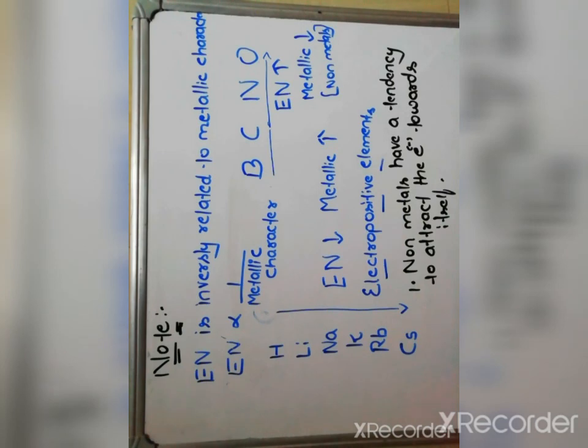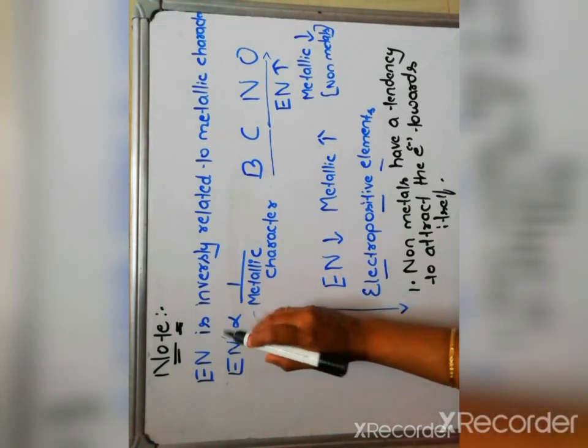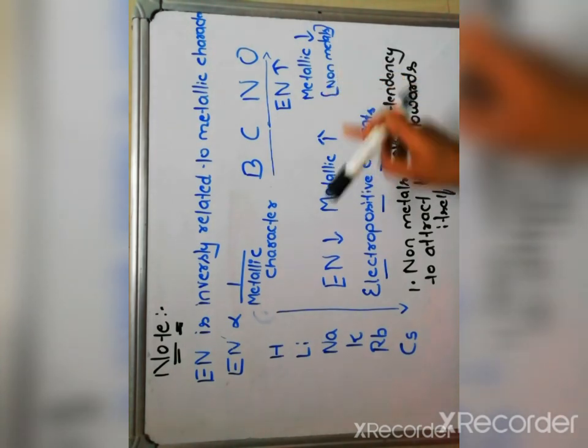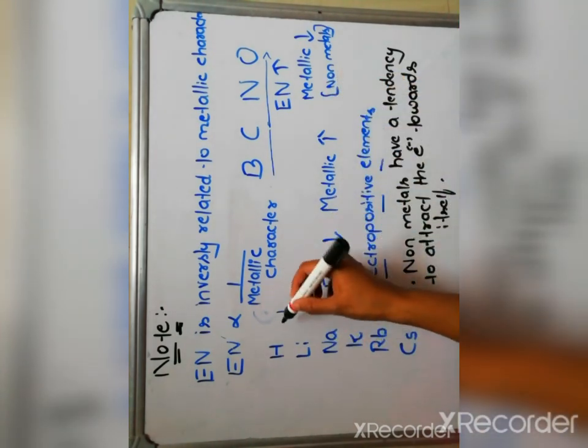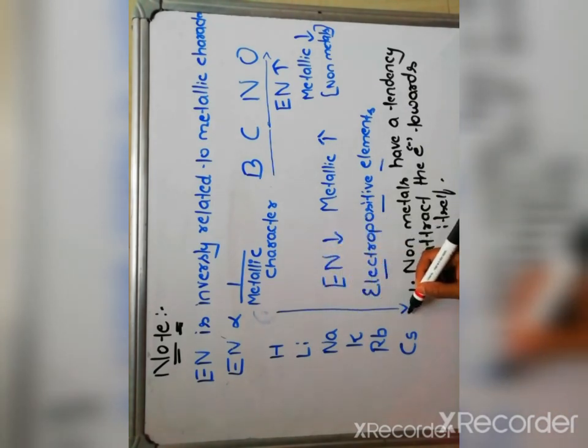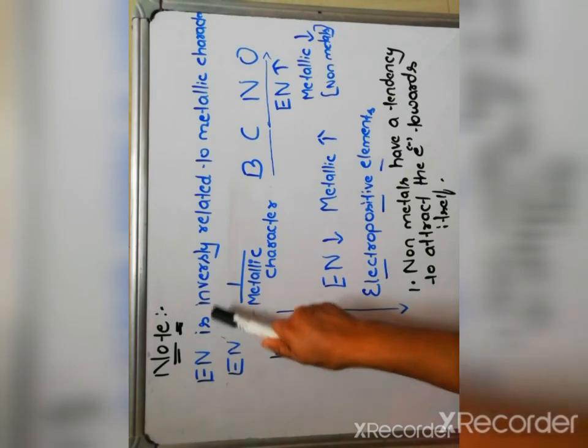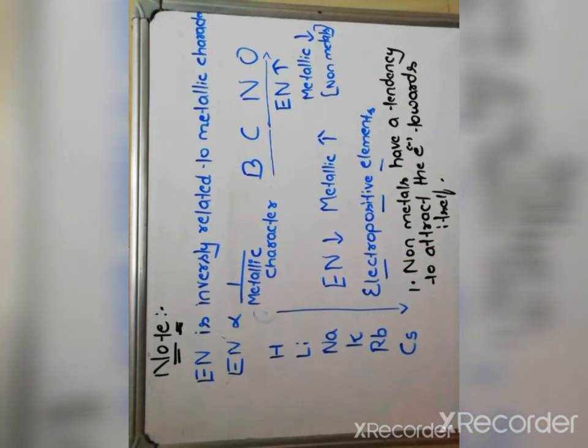If electronegativity increases, metallic character decreases. At the same time, if the electronegativity decreases, metallic character increases. We said it is inversely related to metallic character.